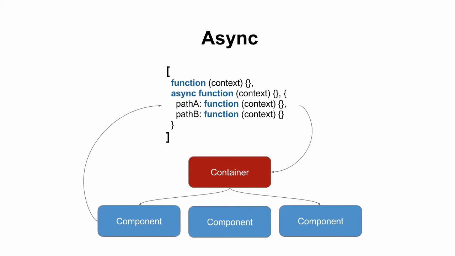So if we jump to the second slide here, let's say the second function in this function tree is an asynchronous function. Now, if the first function had a state change, that would run through synchronously, also to the components, because the function tree execution isn't identified as asynchronous yet.